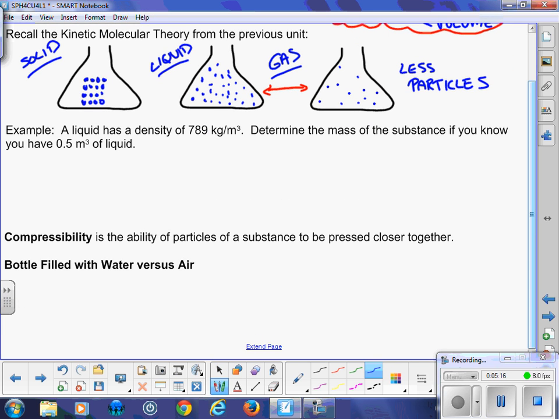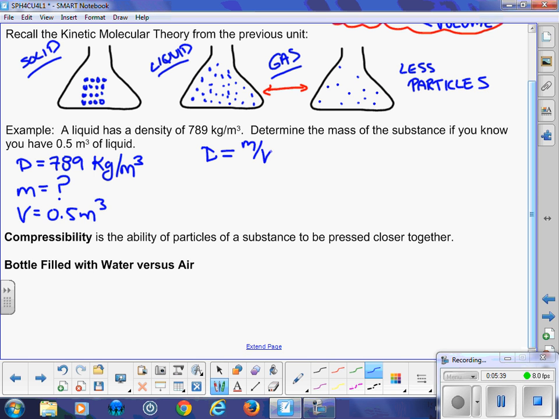A quick example here. A liquid has a density of 789 kilograms per meter cubed. So the density is 789 kilograms for every cubic meter of the material. We want to know the mass if the volume is half a cubic meter. Using our formula, we can practice rearranging it.